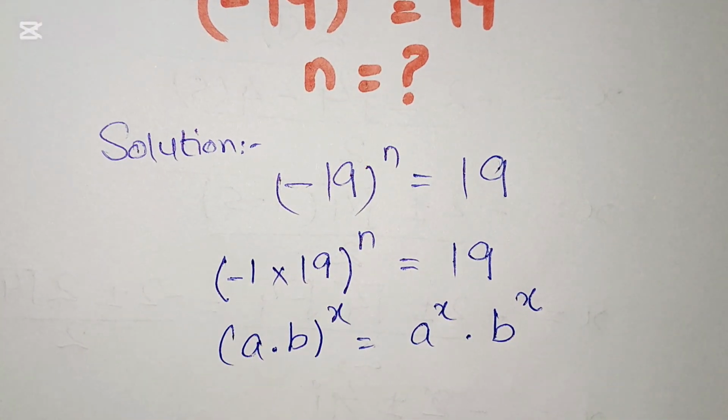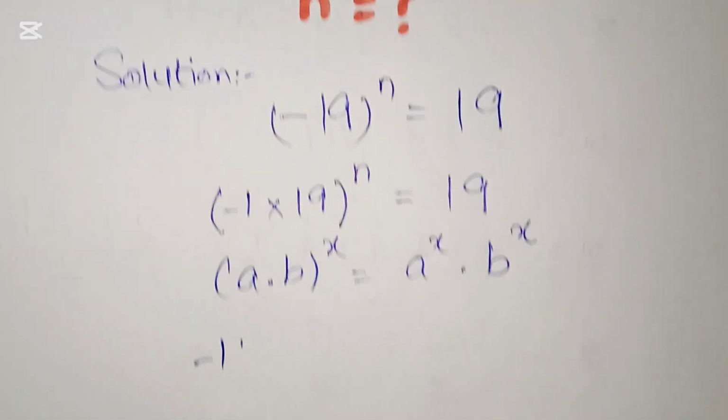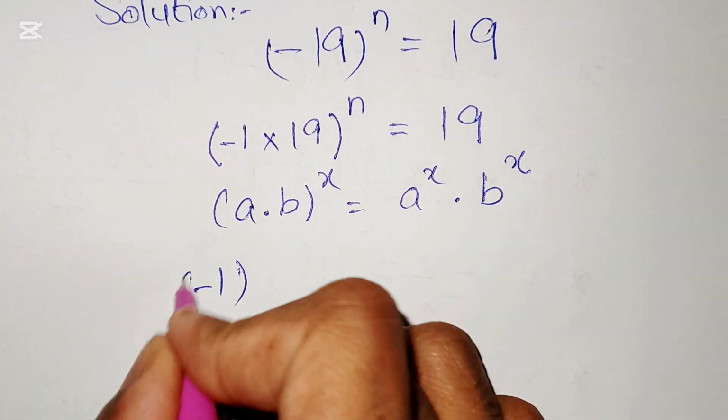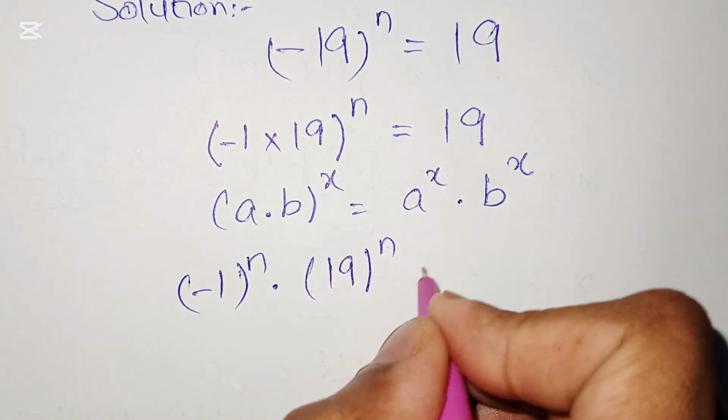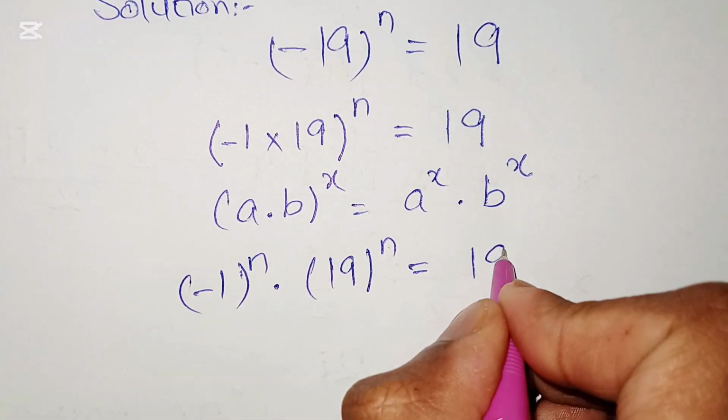So we can write this as minus 1 raised to the power n times 19 raised to the power n is equal to 19.